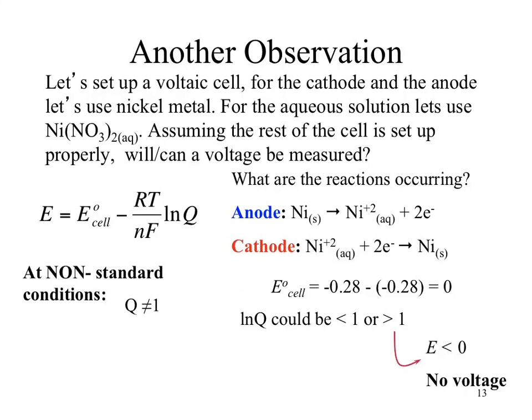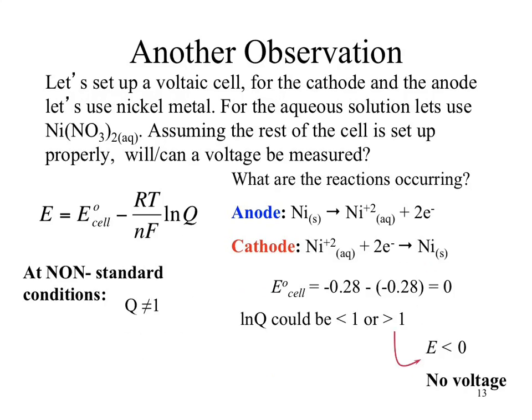If the natural log of Q is greater than 1, a positive number times all of these positive numbers, 0 for our cell potential minus a positive number gives us a negative number, which says no spontaneous reaction. We could assume we don't see a voltage, which is kind of questionable. We'll come back to that in a second. Okay? So we'd say, no, we don't get a cell potential there.